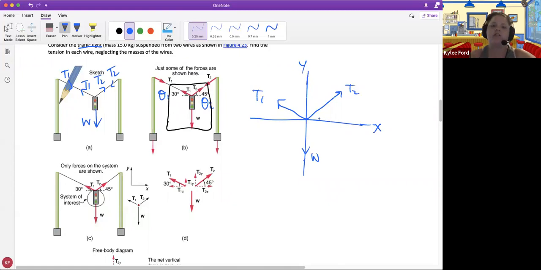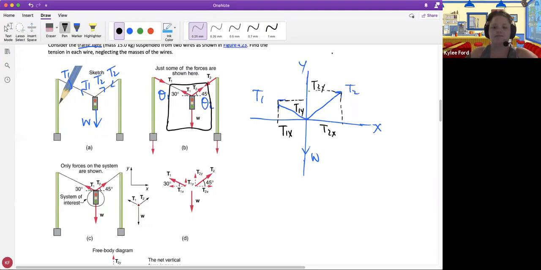I'm going to need to break these down into their X and Y components. So here's my T1X component and my T1Y component. I can do the same thing with T2: T2X, and then my T2Y.